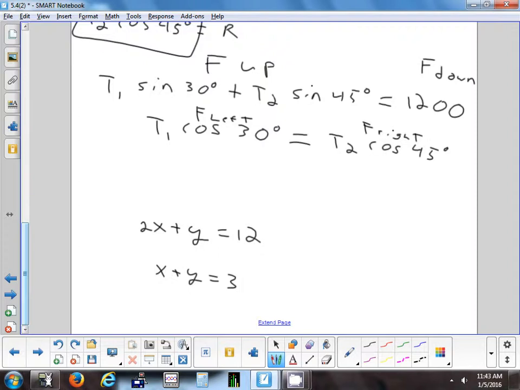How would you solve that? You have to make the bottom one match the top.